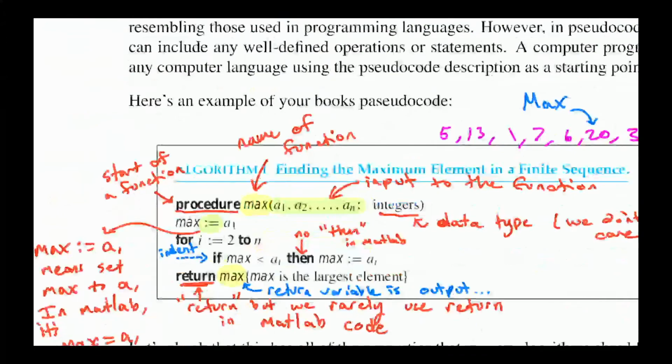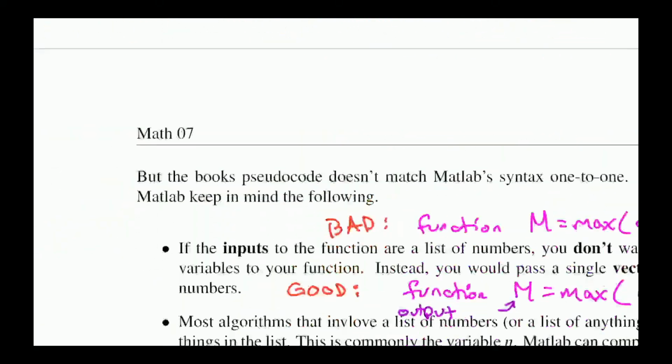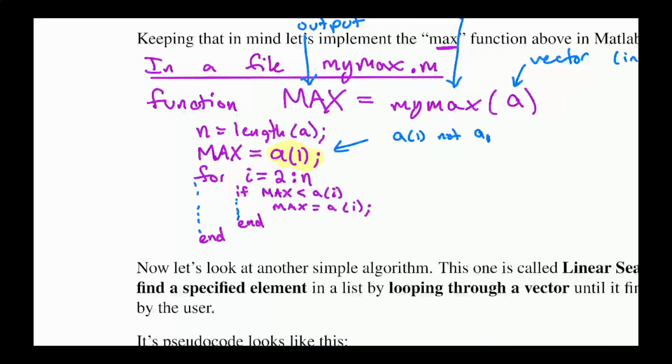What's left is just to return, right? Return max. But actually in MATLAB, you don't have to say return. It returns automatically at the end of the file. So this is actually done. We don't even need anything.